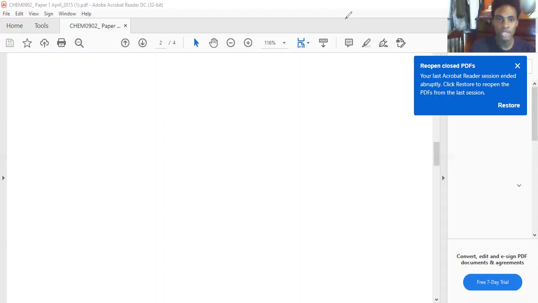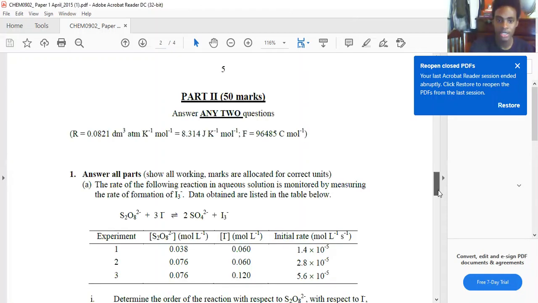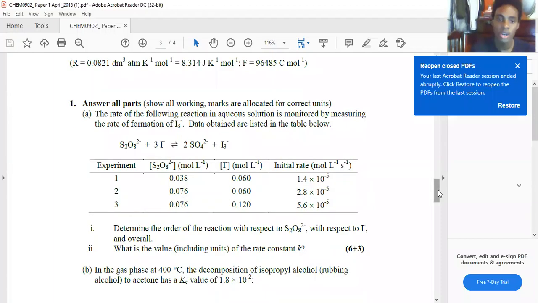But just for summary, right? The simplest way how to find the order of the reaction. Firstly, you would need to write a balanced equation. You already gave us the balanced equation, so we don't need to worry about that. Secondly, the simplest way to find the order of the reaction is to choose 2 experiments with 2 different values.